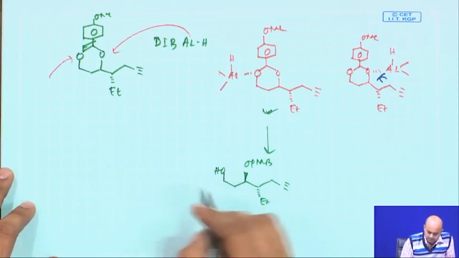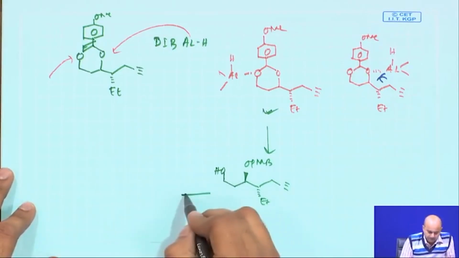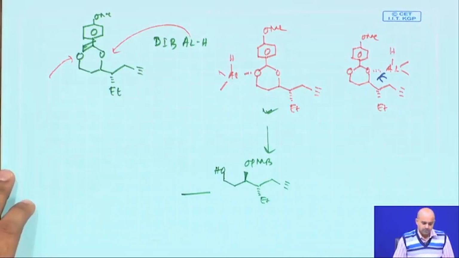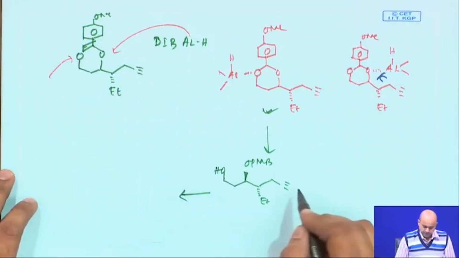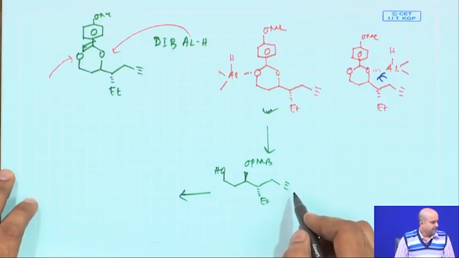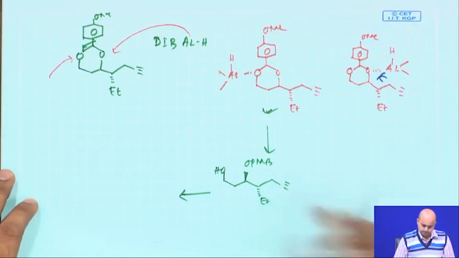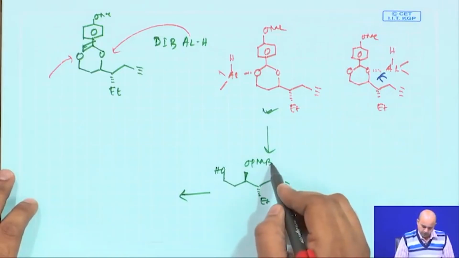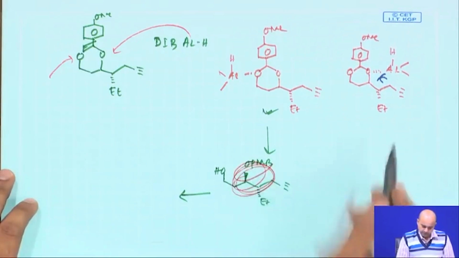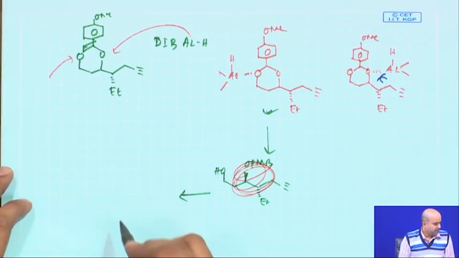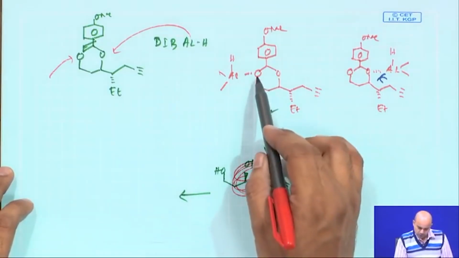So, next in your synthetic scheme, what will you be doing? You now see, oh no, we are a little bit wrong here, sorry, your acetal will be opened up on that side, in CH2O, one minute, yeah.